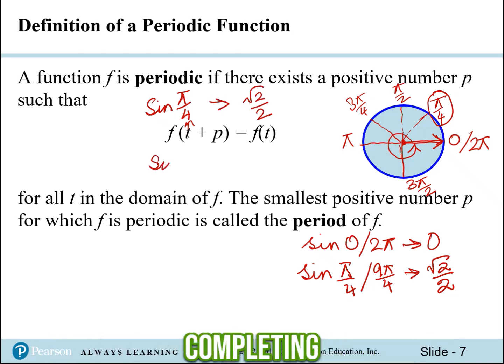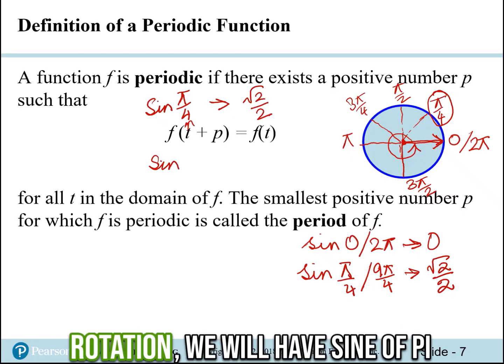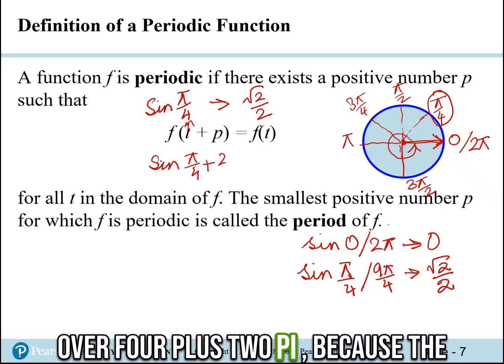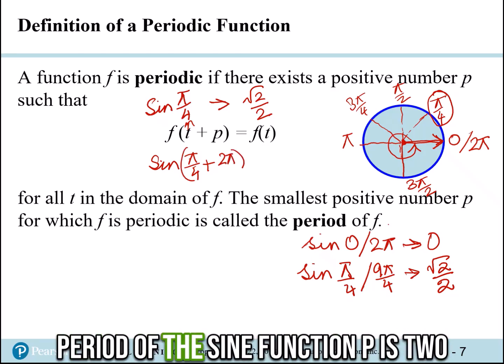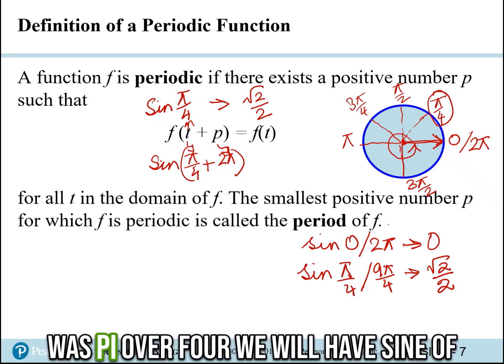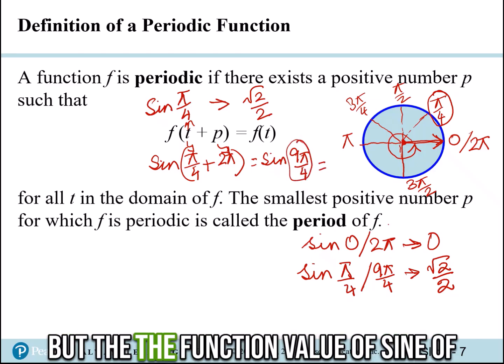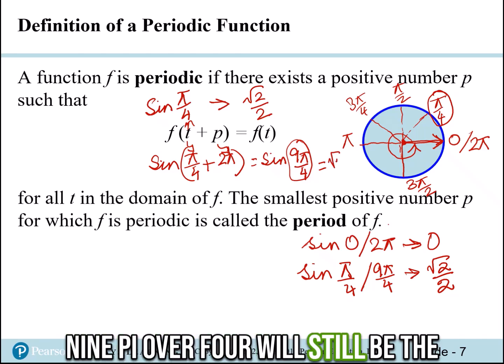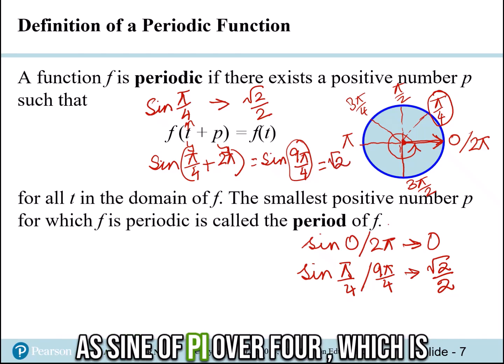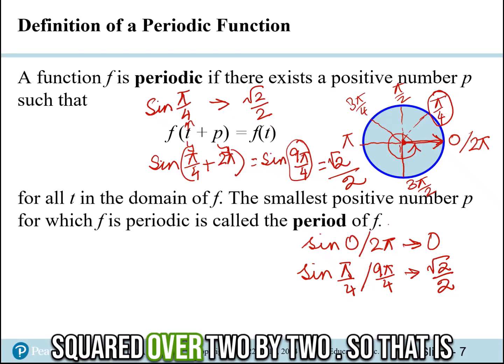However, after completing a 2 pi rotation, we will have sine of pi over 4 plus 2 pi, because the period of the sine function p is 2 pi. t was pi over 4, so we will have sine of 9 pi over 4 as our input angle, but the function value of sine of 9 pi over 4 will still be the same as sine of pi over 4, which is square root of 2 by 2.